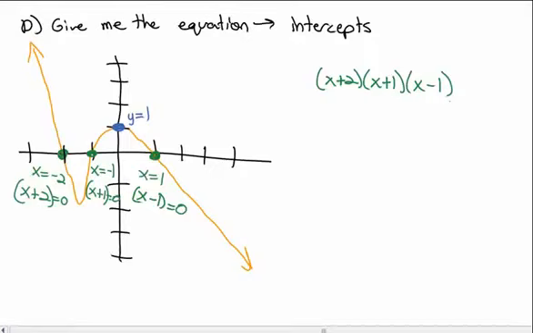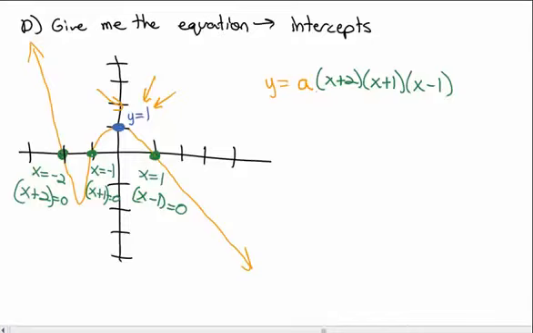Now there's a little bit of a catch. We can't just say y equals and be done, because we haven't yet used the y-intercept. There could be, and in fact most of the time there is, some number, we're going to call it a, in front of all these factors.